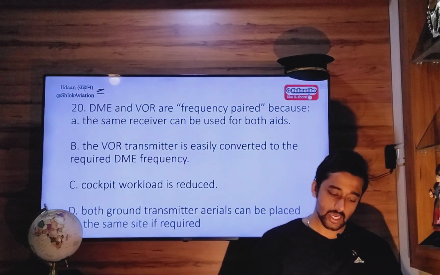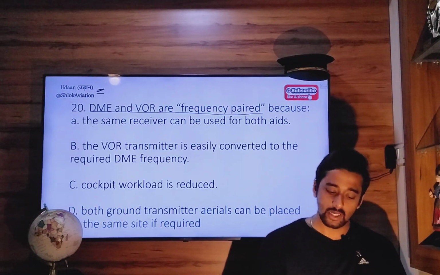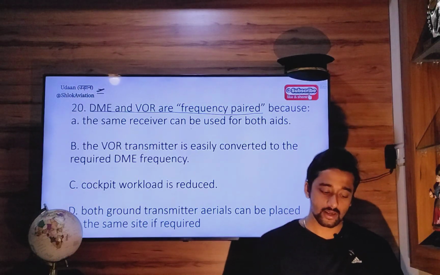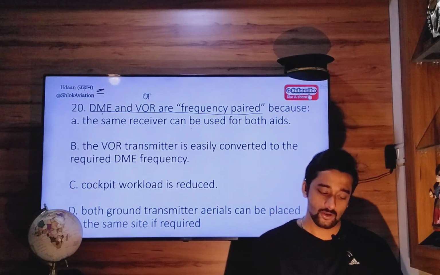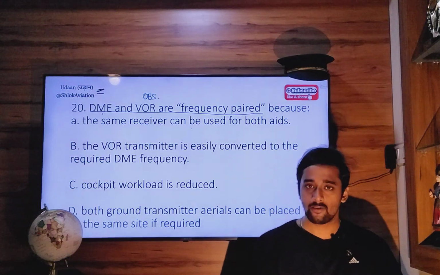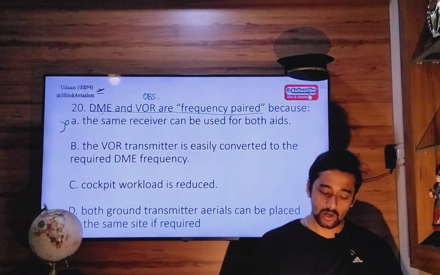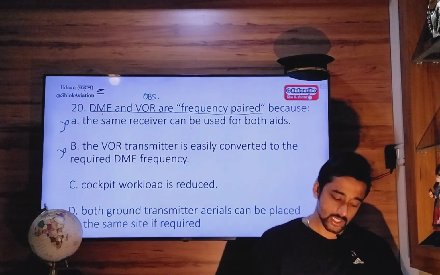Next, 20. DME and VOR are frequency paired because the same receiver can be used for both aids. No, DME receiver and VOR receivers are different. VOR has an OBS selector. For DME we do not have OBS. The VOR transmitter is easily converted to required DME frequency. No. Cockpit workload is reduced. Yes.